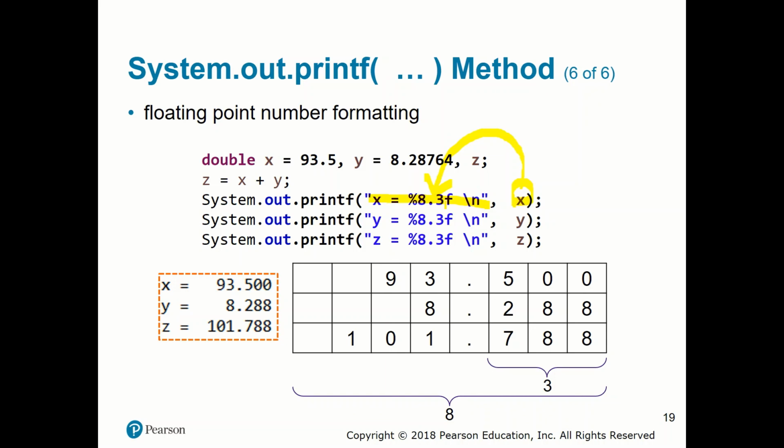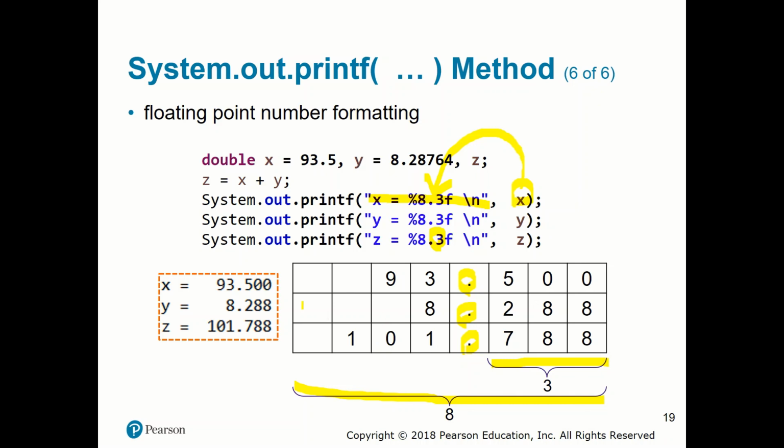Floating point number formatting is a little bit more complicated than string and integer formatting. %8.3f means make 8 spaces and print 3 decimal places below the floating point. So there are 8 spaces, and then 3, 8.3, 3 spaces for this number. And the decimal point also occupies one space.